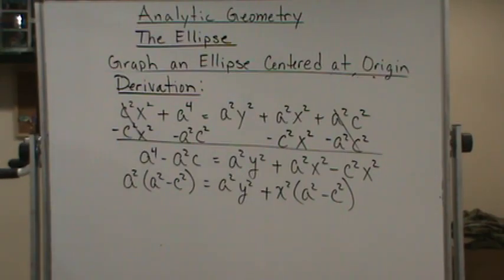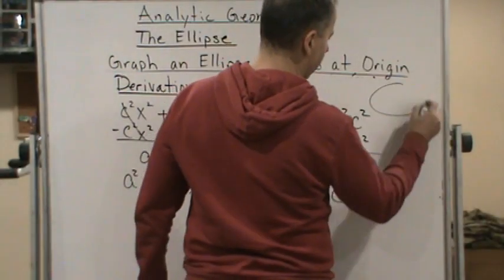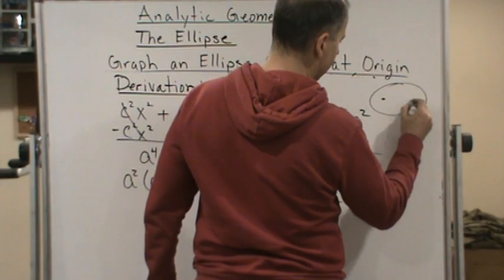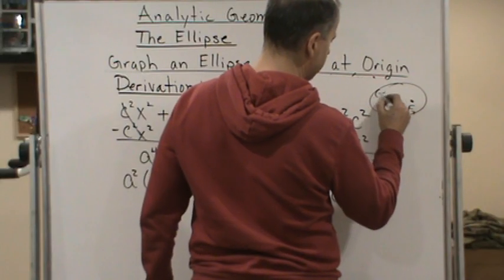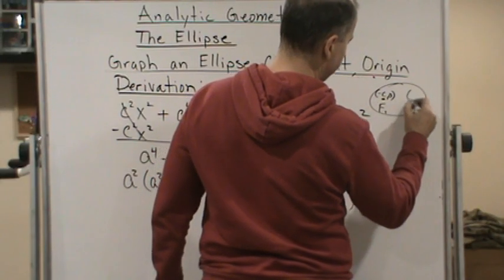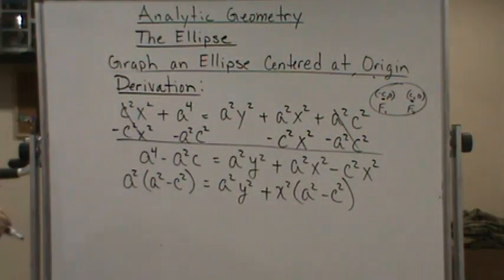Now, we know the distance between the two foci from our diagram. Remember the two foci, F1 and F2. Remember this is at negative c, 0 and this one's at positive c, 0. So the distance between the two is equal to 2c.